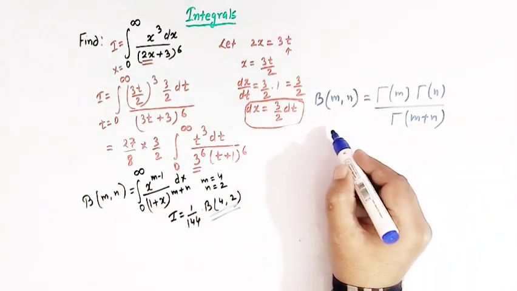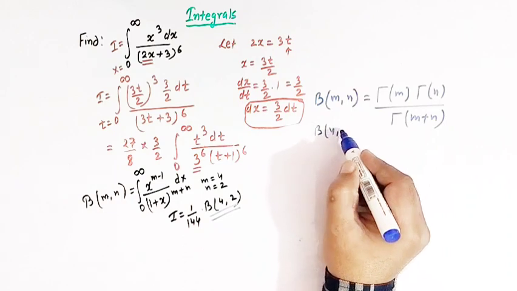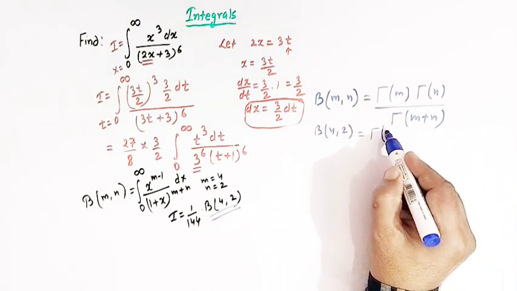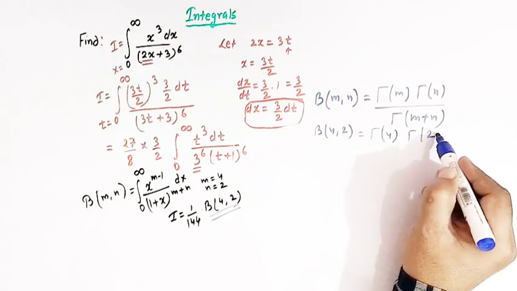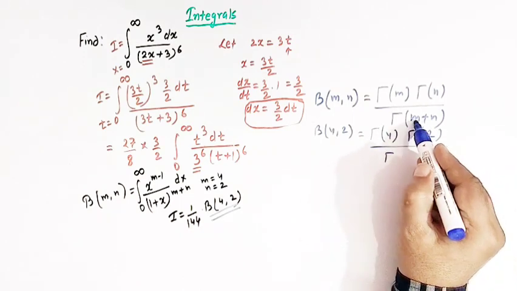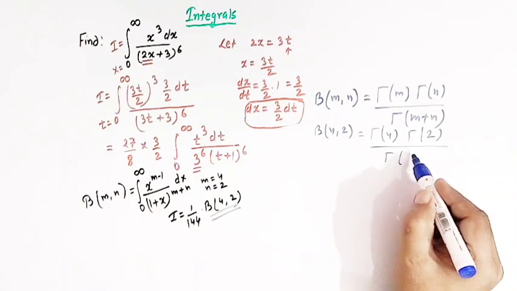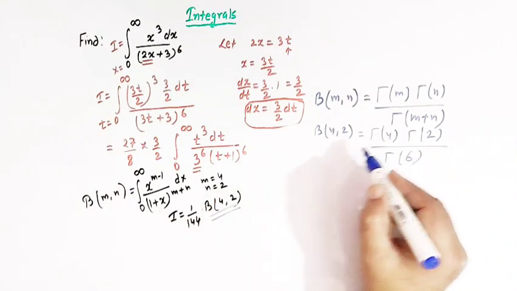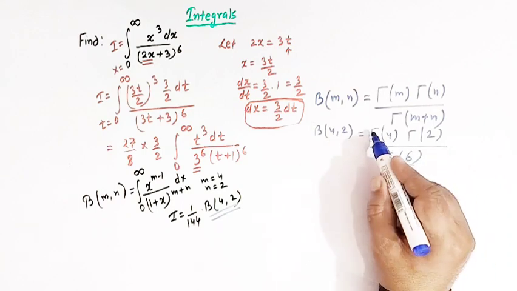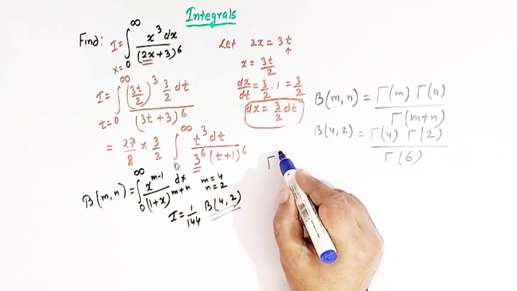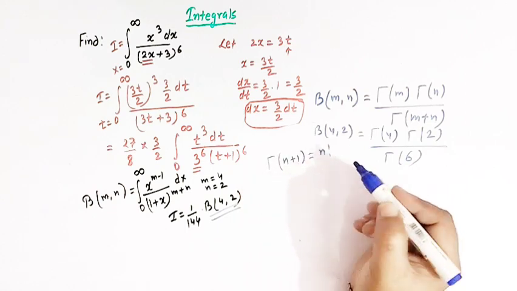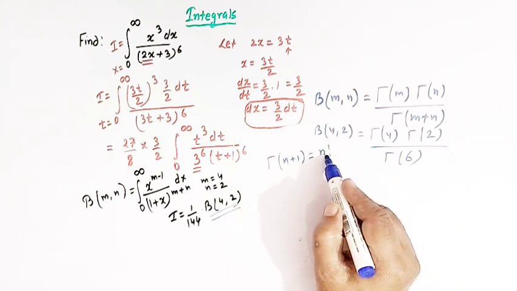So here beta of 4 comma 2 is equal to gamma of 4, gamma of 2, over gamma of m plus n, so 4 plus 2 is 6. Here I will make use of one important result from the gamma function: gamma of n plus 1 is equal to n factorial, where n is greater than 0.